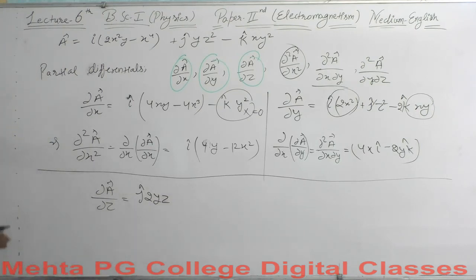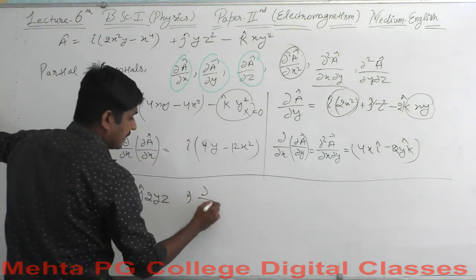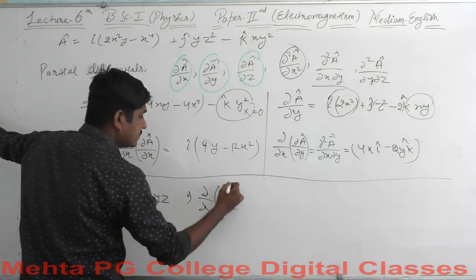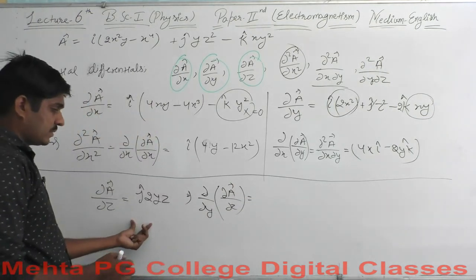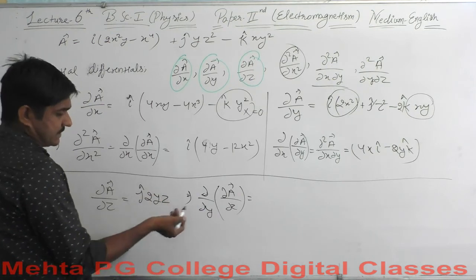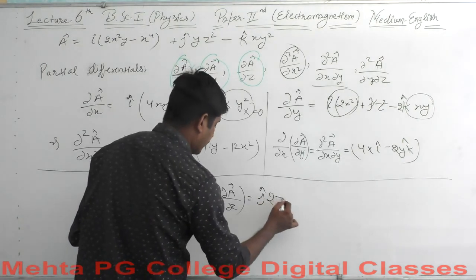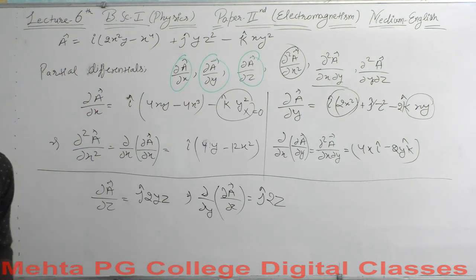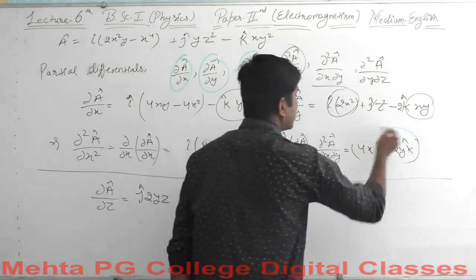So what will be the value for ∂/∂y of ∂A/∂z? This time we are supposed to calculate ∂/∂y. So this component will exist, j cap 2z. Yes, j cap 2z will be the value for this solution, and these three are the values which we were asked to calculate here.